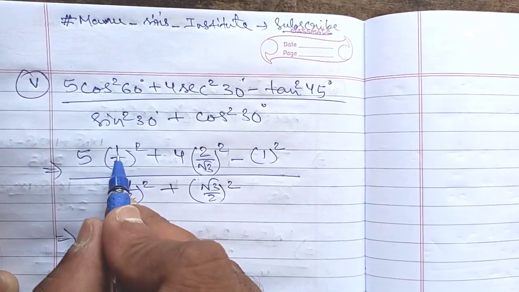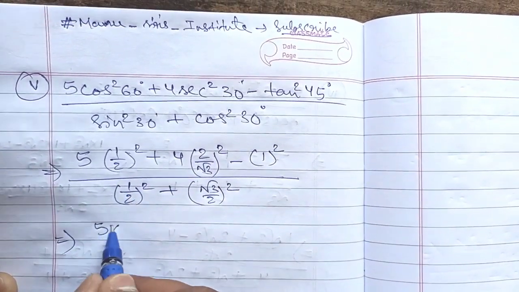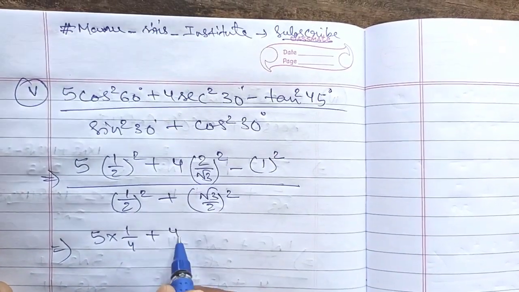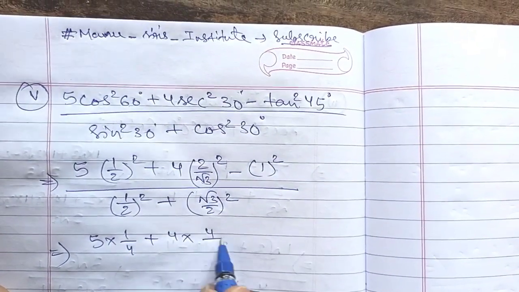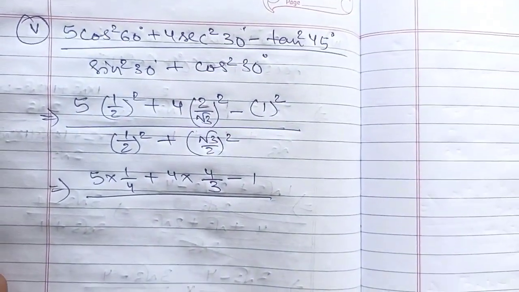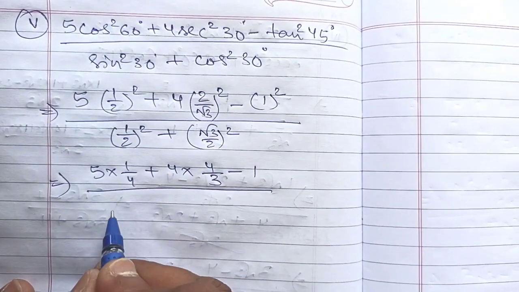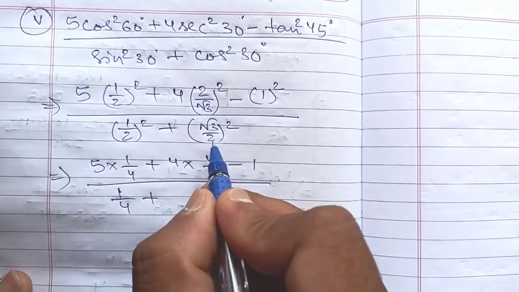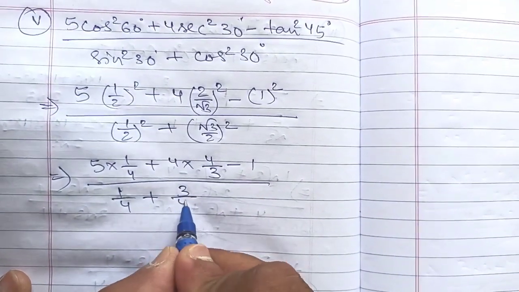Okay. 1 1s are 1, 2 2s are 4. 5 into 1 by 4 plus 4 into 4 by 3 minus 1, whole divided by 1 by 4, root 3 by 4.